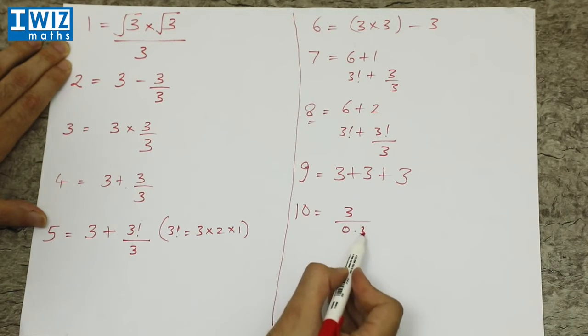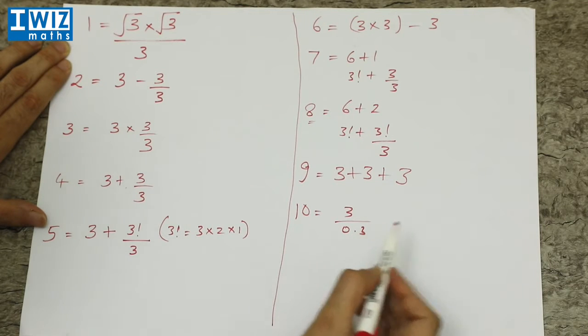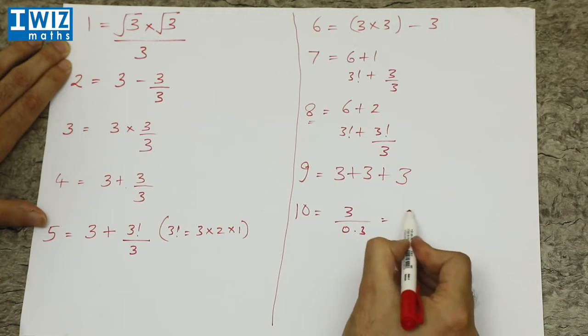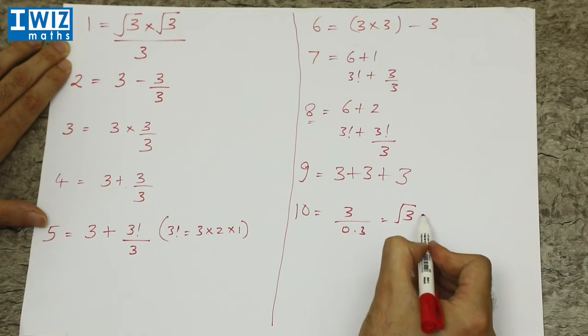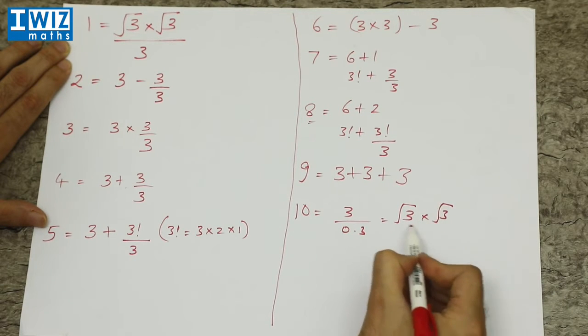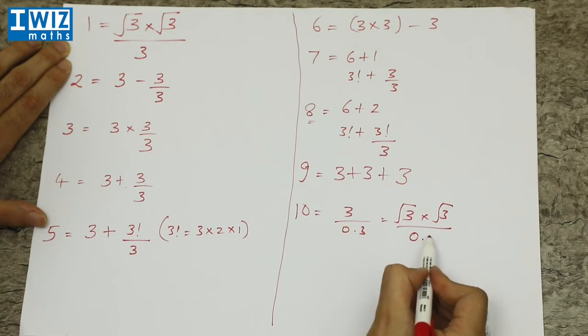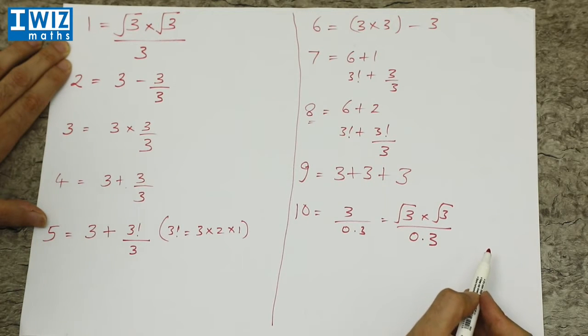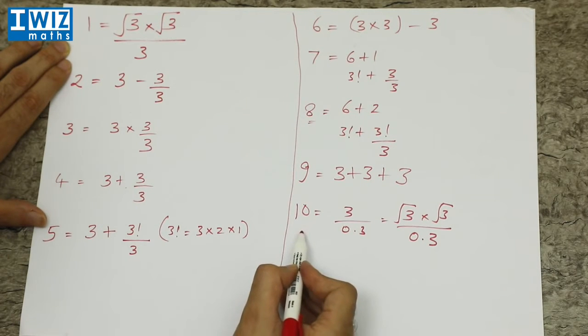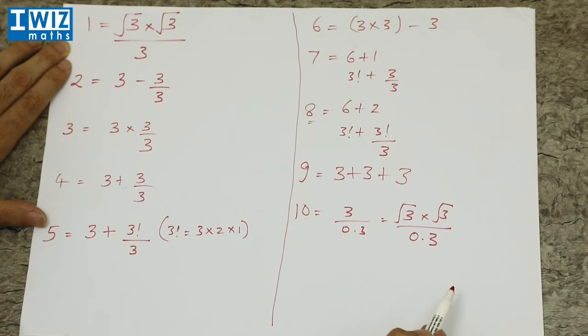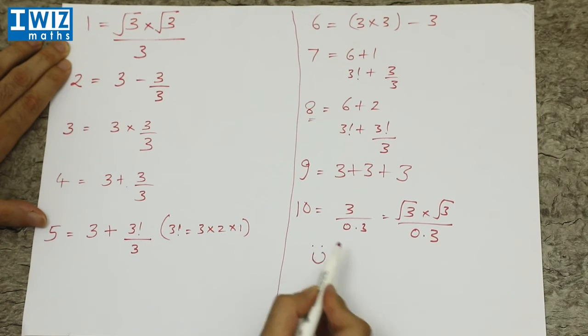But we are only using 2 threes. We need to use 3 threes. But 3 can be written as the square root of 3 times the square root of 3, divided by 0.3. And that gives us the number 10. And that brings us to the end of this puzzle finally. And I think we deserve a little smiley face.